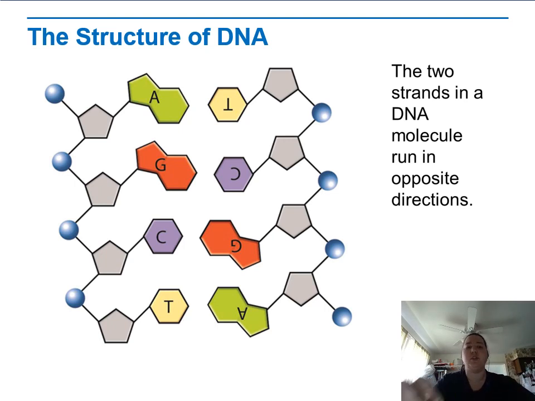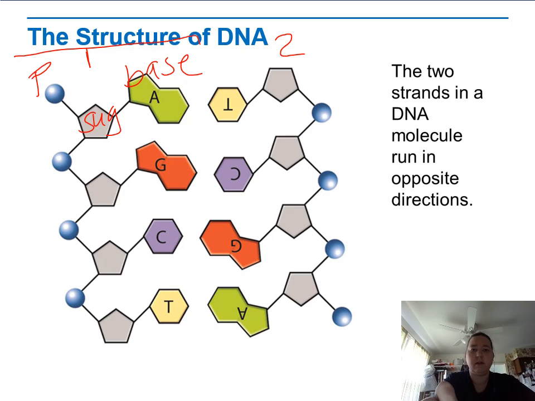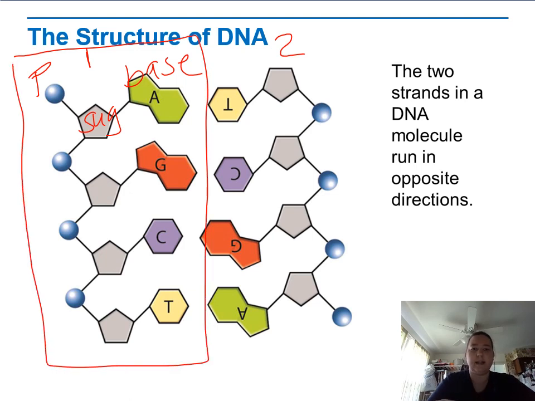DNA is made up of two strands. Okay, so we've got strand number 1 and strand number 2. You can see this is the strand from the original slide. So we have the phosphate group, we have the sugar, and then we have the base, okay, which are then put together in a whole strand.